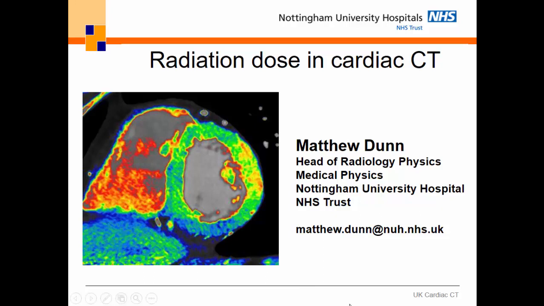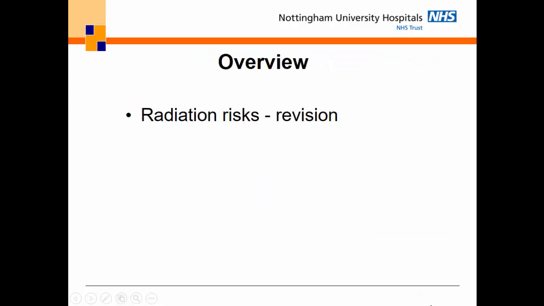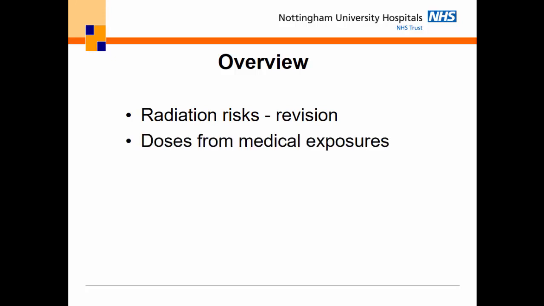Okay, so in terms of the overview, there'll be a little bit about radiation risks. Hopefully that should be revision for most of you. Some doses from medical exposures, just to put the doses in context, really.